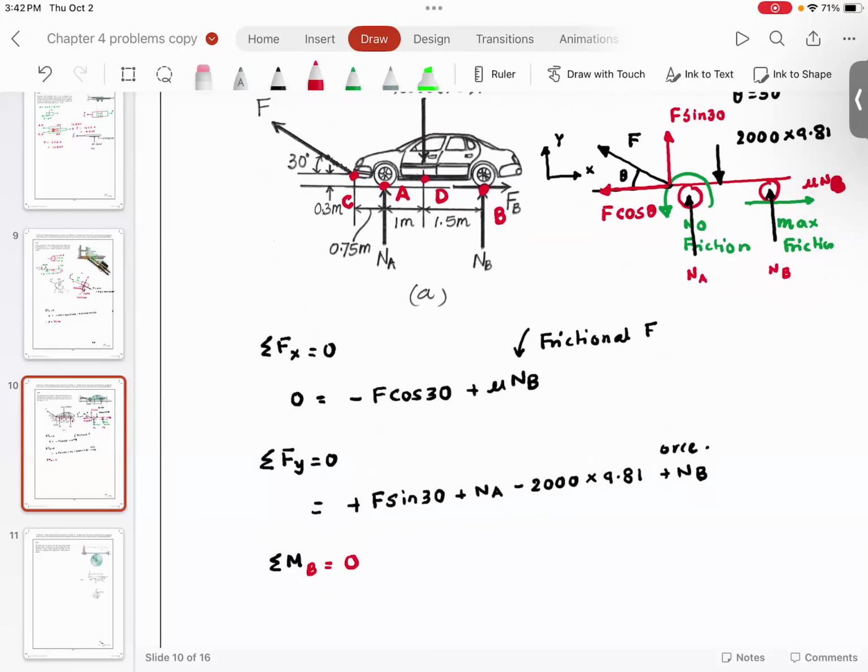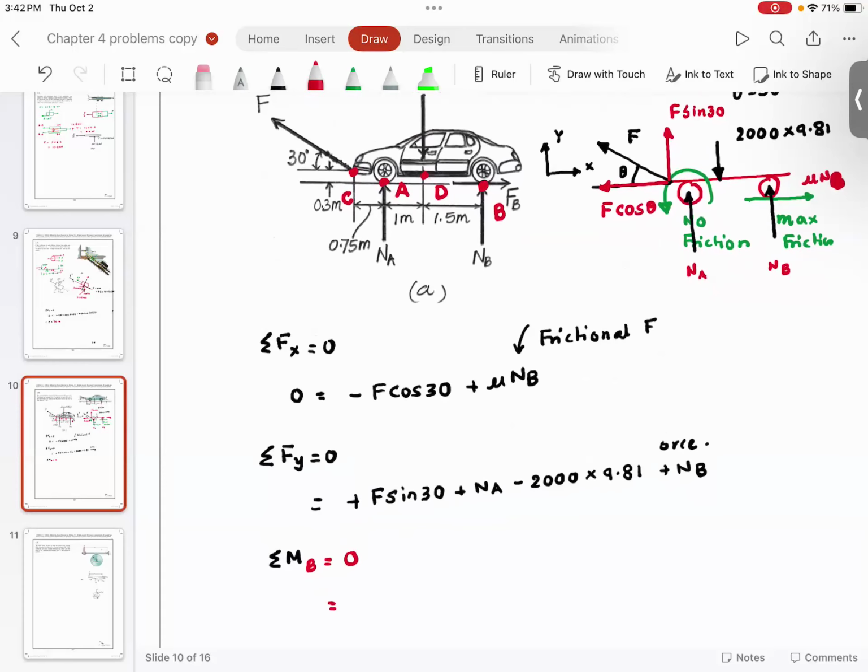So now let's start. You have F cosine theta, curl your fingers in the direction of movement, F cosine 30 multiplied by 0.3. This moment is positive. Then you have F sine 30, curl your fingers in the direction of movement, minus F sine 30, and this distance is 1 plus 1.5, 2.5, plus 0.75 is 3.25.